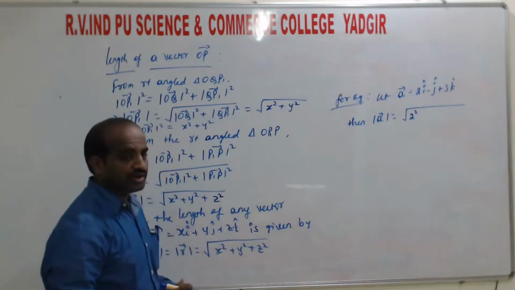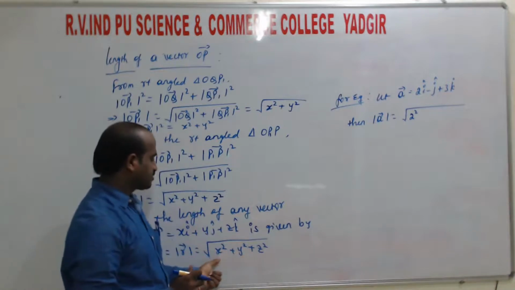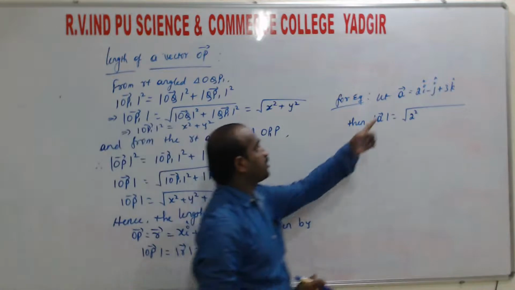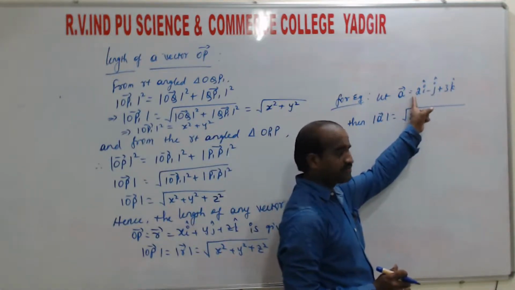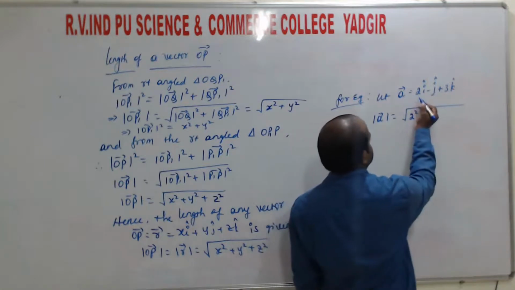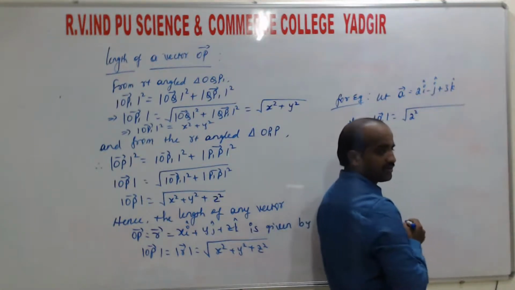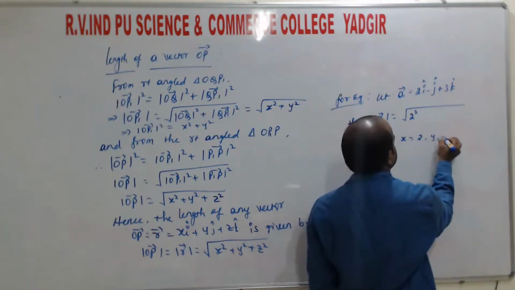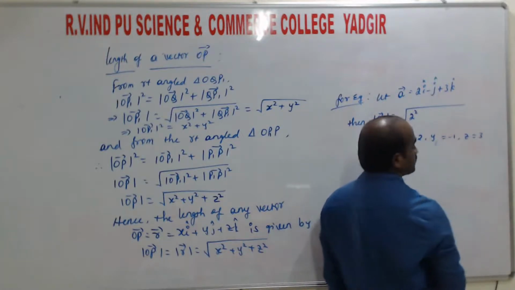You take only the coefficients as x, y, z. This is the component form, the components of a vector. X is 2, y is minus 1, z is 3.